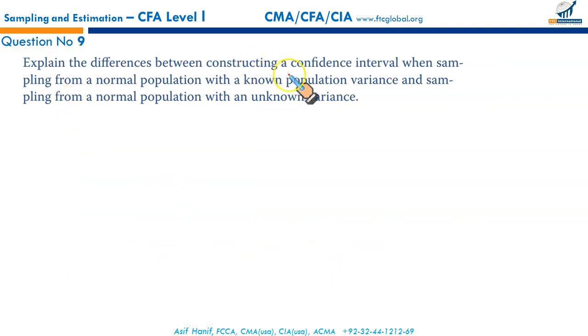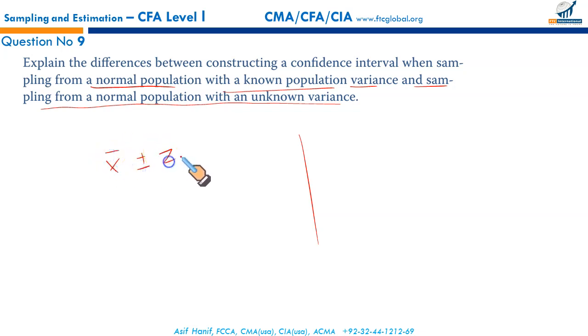Explain the difference between constructing a confidence interval when sampling from a normal population with known population variance and sampling from a normal population with unknown variance. It's a fairly straightforward textbook-based question. If the population variance is known, the confidence interval is calculated using the z-distribution.